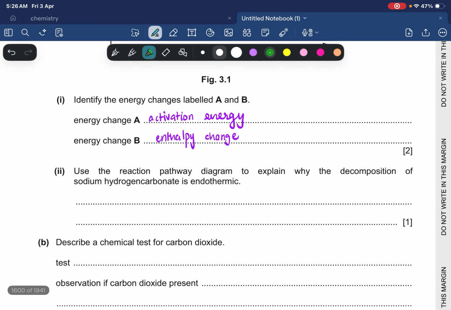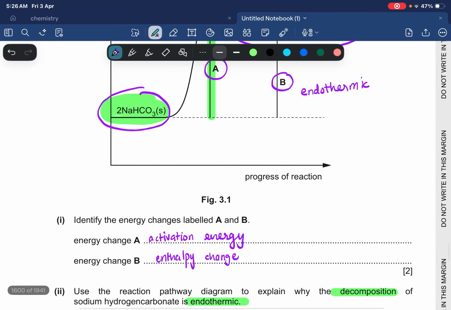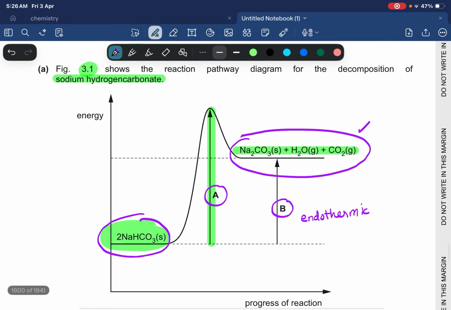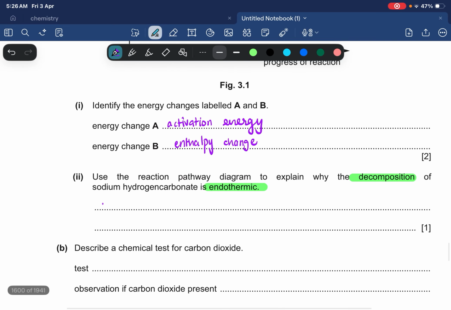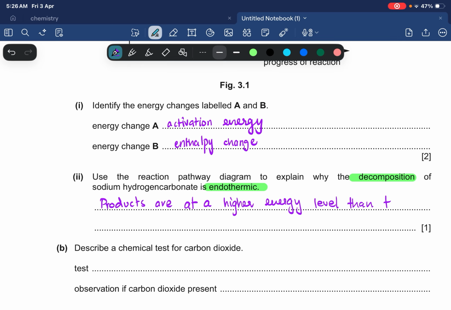Use the same reaction pathway diagram to explain why the decomposition of sodium hydrogen carbonate is endothermic. I just told you I know it's endothermic because the products are at a higher energy level than the reactants. I tell the examiner: products are at a higher energy level than the reactants.